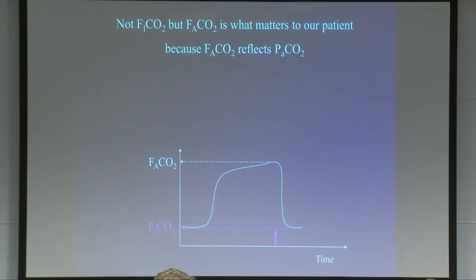I do not care too much about the inspired CO2, because what's really important is the end-tidal CO2. That's what's important to my patient, because it reflects the arterial CO2. So the question then really becomes, what's the effect of the inspired CO2 on the end-tidal CO2?